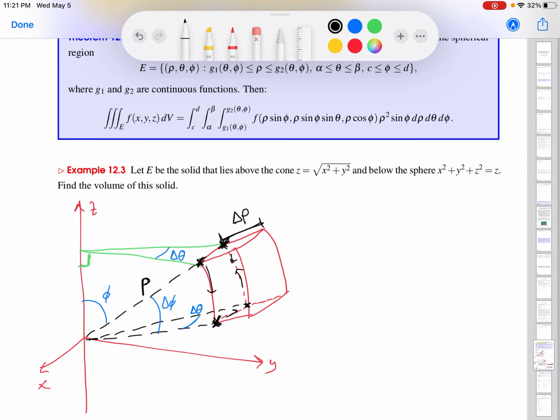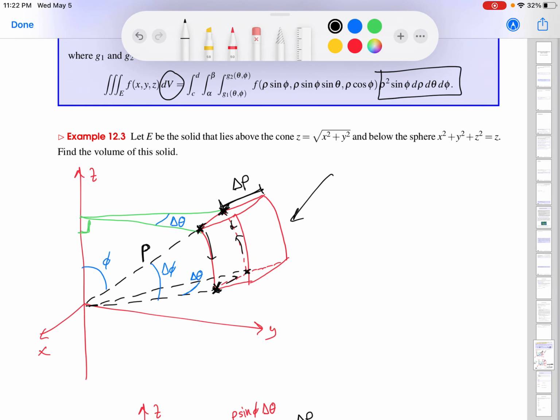And then what we're going to do now is try to find the volume of the spherical wedge. And that's going to be the conversion of dV that's going to give us this portion of the integral. So how do I do that? I have embedded in here some right triangles. I've tried very hard to draw lines parallel to the y-axis that start at the z-axis over here and go all the way to the top corners of the spherical wedge.